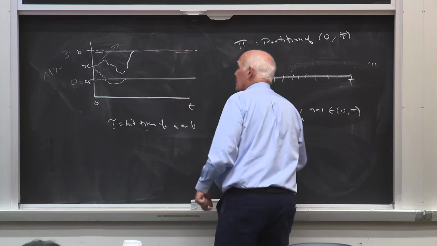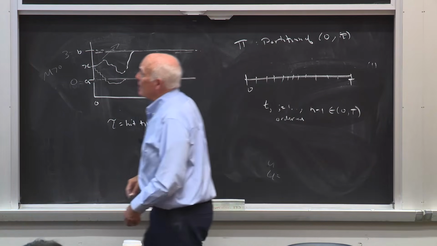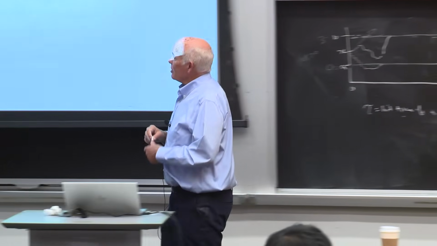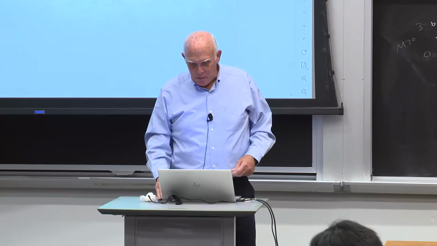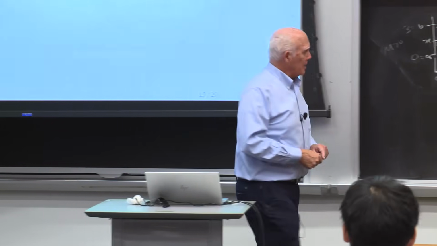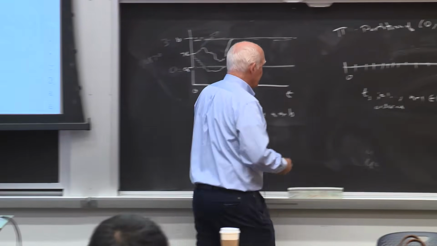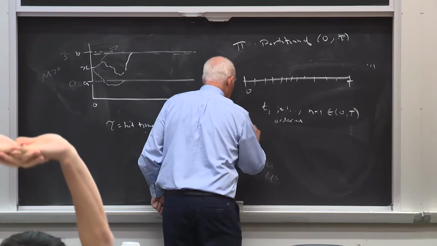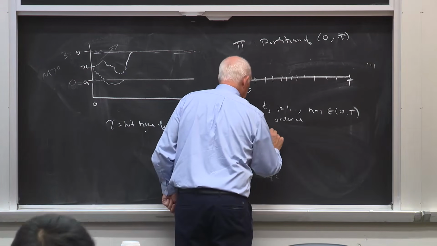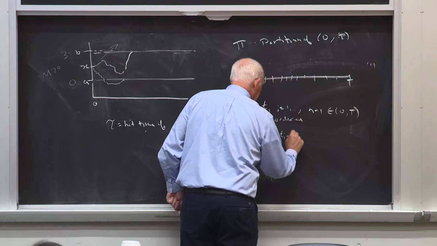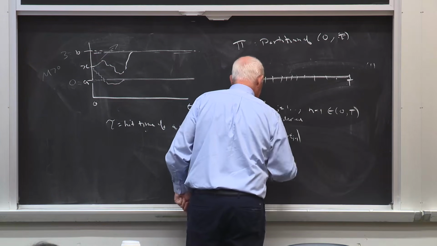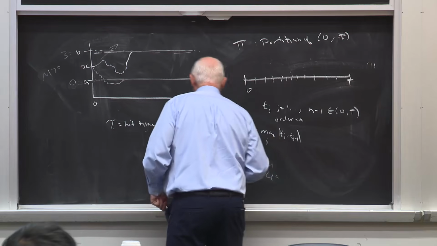If we consider the partition corresponding to these time points, we can define a magnitude of the partition equal to the maximum over j of tj minus tj minus 1.